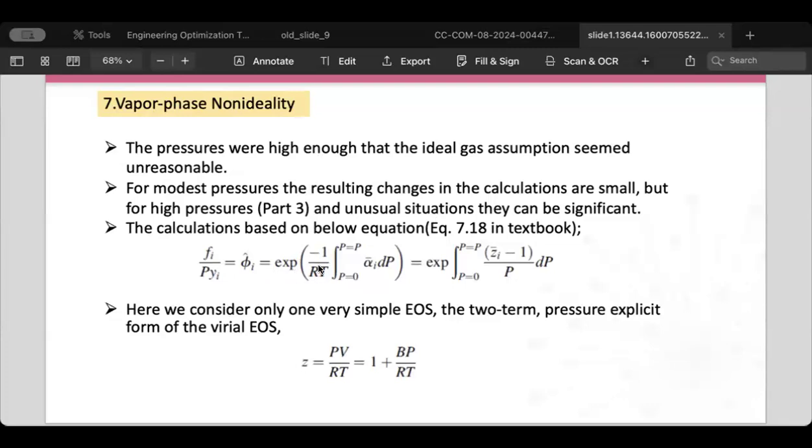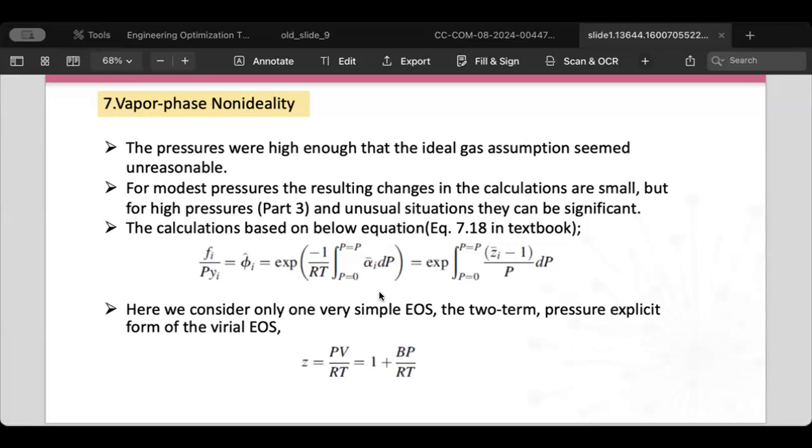We need exponential of minus 1 over RT, and we integrate from 0 to P of V_i dP, okay? Or you can write this one, exponential of integrate from 0 to P of Z_i minus 1 over P dP.